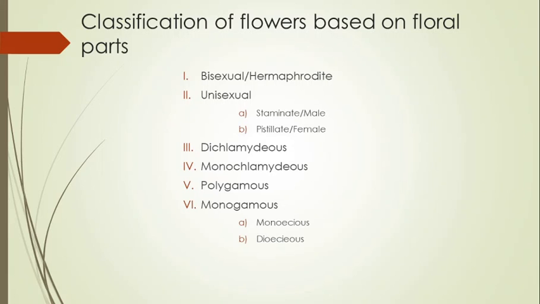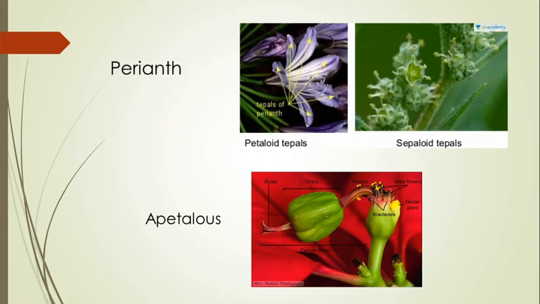Then in flowers which have both the calyx and corolla in them, a term called dichlamydious is used to identify such flowers. There are flowers in which the calyx and corolla are not separate, as we have seen earlier in the case of perianth.